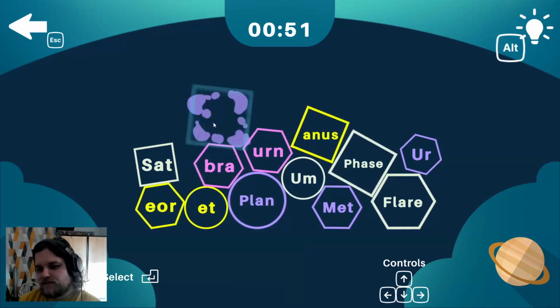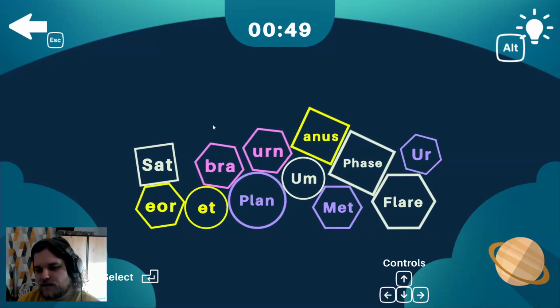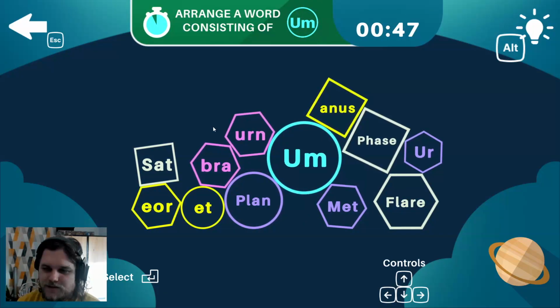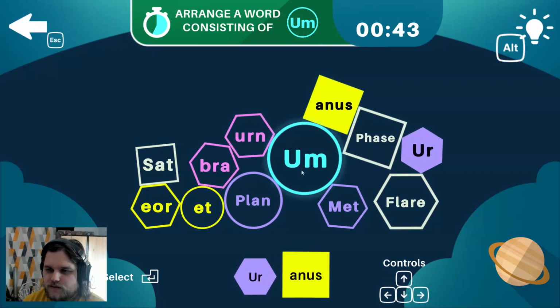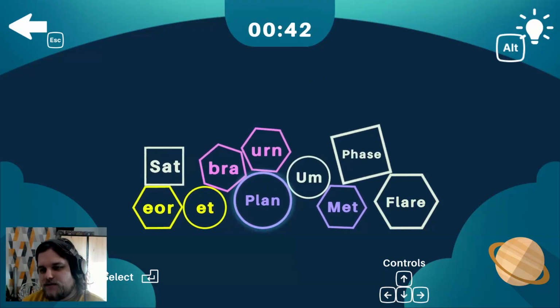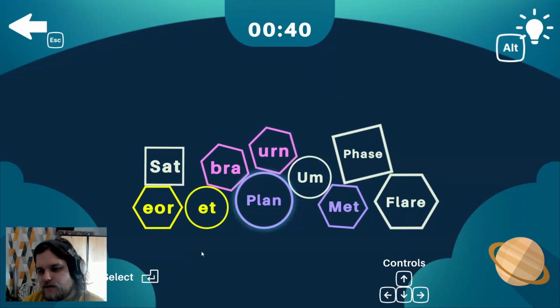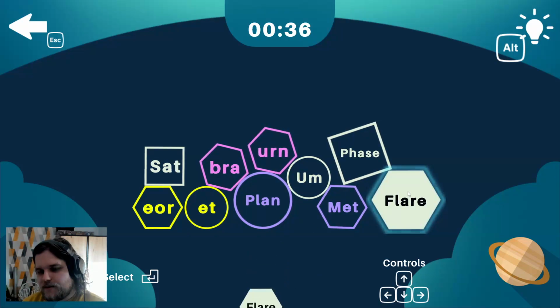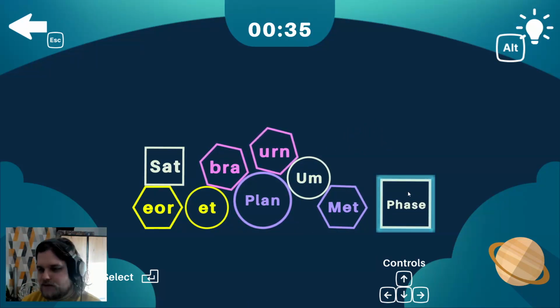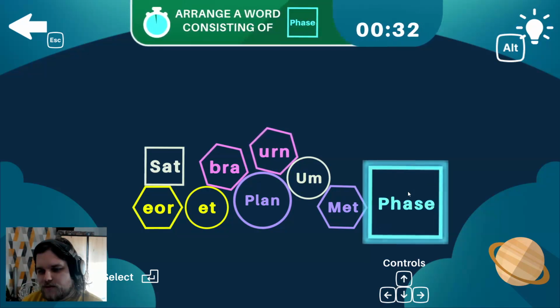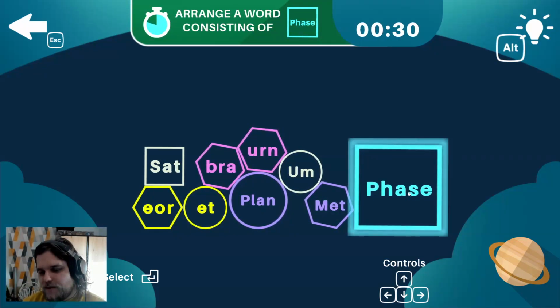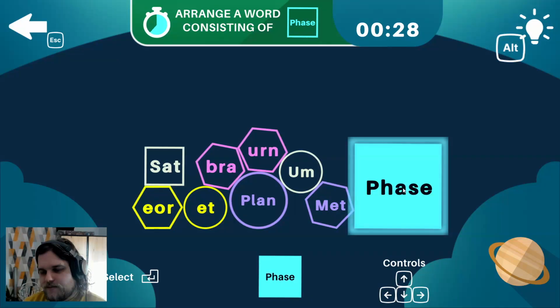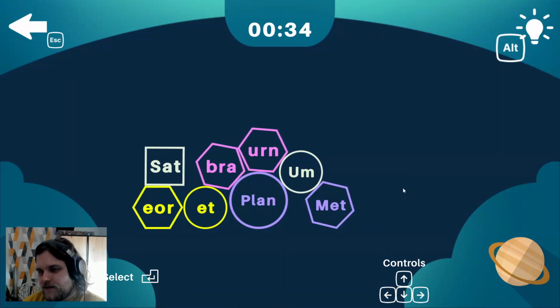Pluto. Old friend in space that was once a planet in our solar system. Funny one. Okay. A flare, like a solar flare, for example, when it's more stormy and chaotic. Okay, a phase, probably like a phase, the moon, for example.